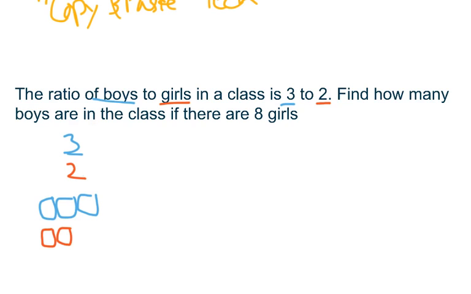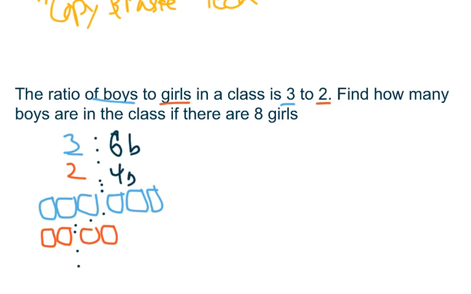Now I'm going to copy and paste this. So I will copy 3, 2. Right now, in this second version, I have 6 boys and 4 girls. Not what I wanted. So again, I'm going to copy and paste. 1, 2, 3, 1, 2.